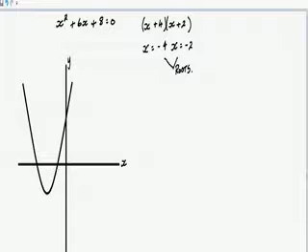So the parabola will cut the x-axis here and here. Now because we factorized this out, we know that the parabola will cut at minus 4 and minus 2. This is cast in concrete.